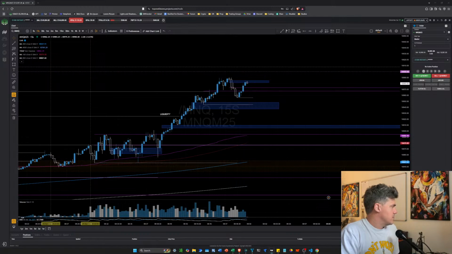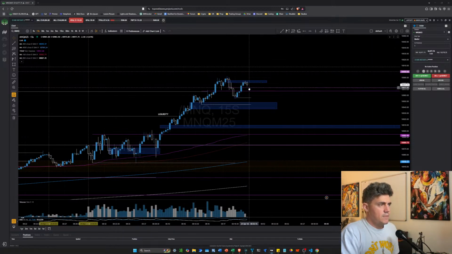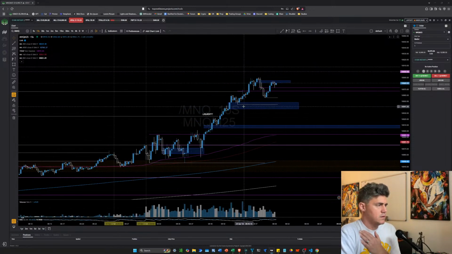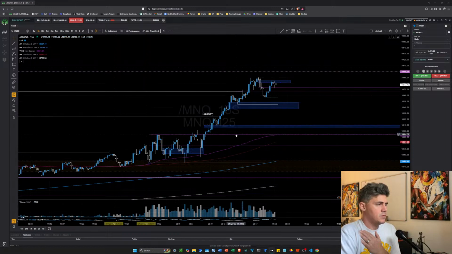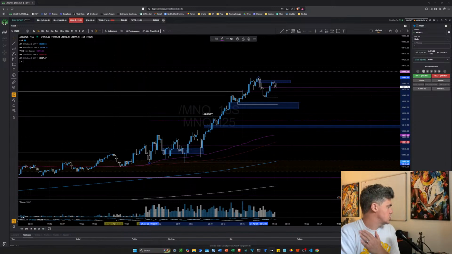Inside down forming, and you got a couple of reversals here. This is a ballsy short. Still, you gotta like the pullback to 50% of the daily range.